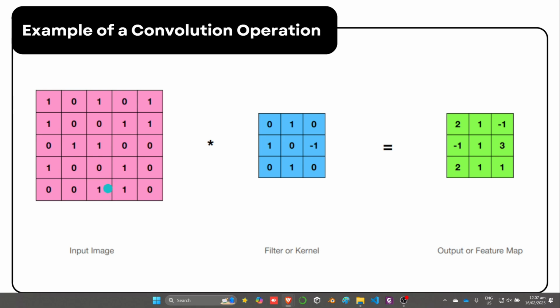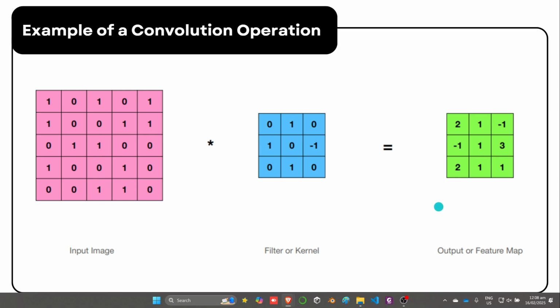It's a pretty weird image right now and doesn't really represent anything. This is our filter or kernel. So hypothetically, we're just multiplying our input image by a filter to produce this output feature map here.